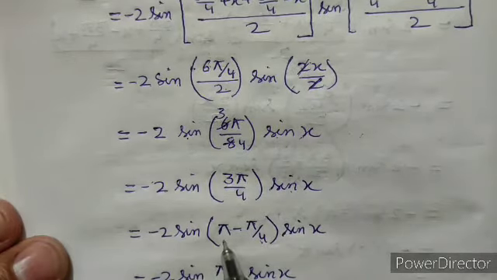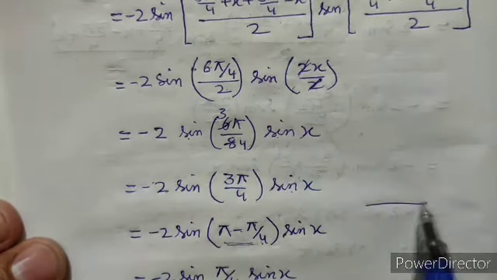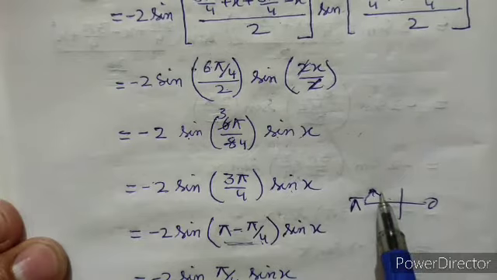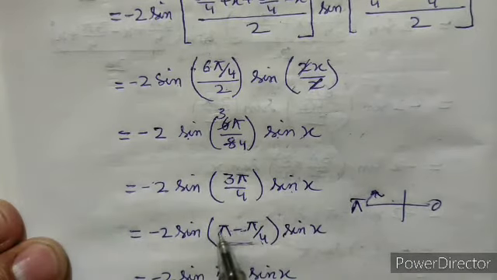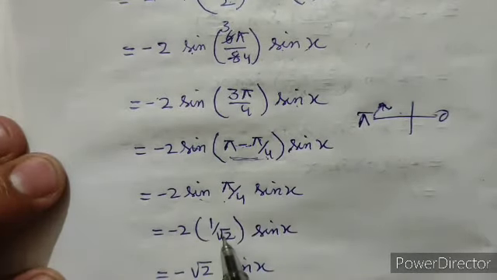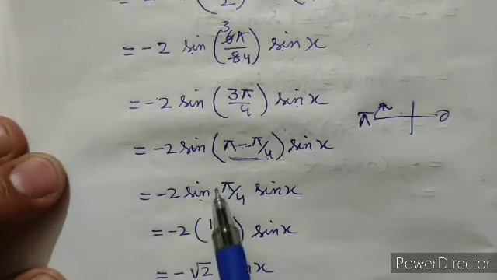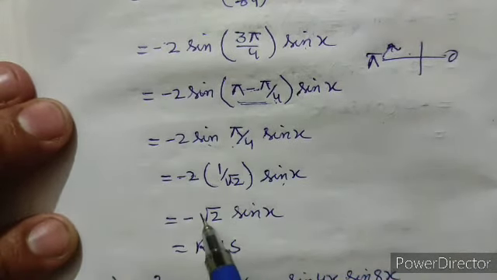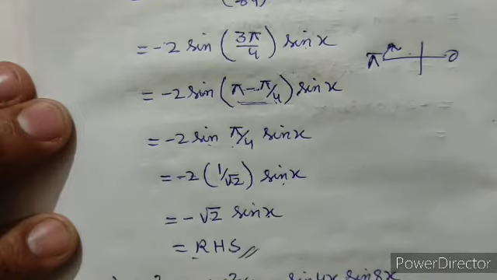Now pi minus pi by 4 will lie in the second quadrant, and in the second quadrant sine is positive. So sin(pi minus pi by 4) will be equal to sin(pi by 4). Now the value of sin(pi by 4) is 1 by root 2. So this will be equal to minus 2 into 1 by root 2 into sin x. Now 2 upon root 2 will be equal to root 2, and this will be equal to minus root 2 sin x, which was our right hand side.